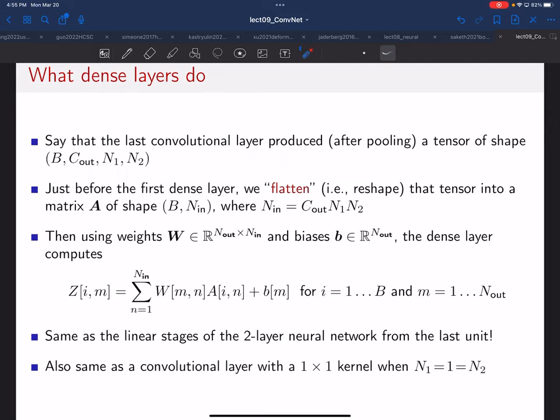Okay, and then the dense layers or the linear layers, they look exactly like what we saw in the last unit. So here's our matrix W, and this is our activation. It has two indices because there's a batch index, and then there's the index across the different hidden nodes. So these are like the input nodes, these are the output nodes.